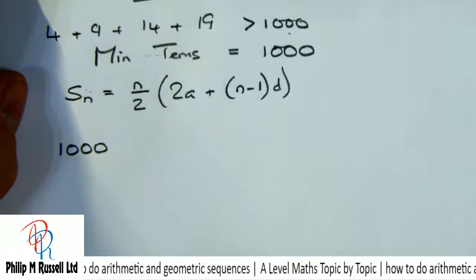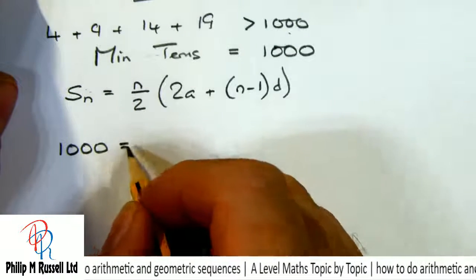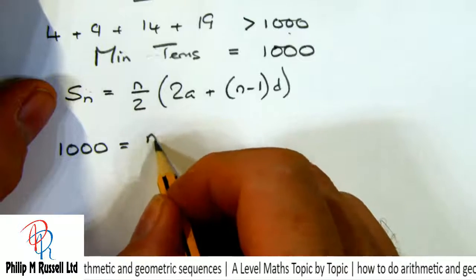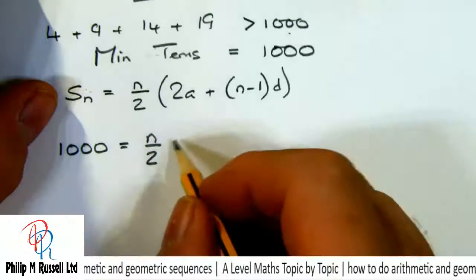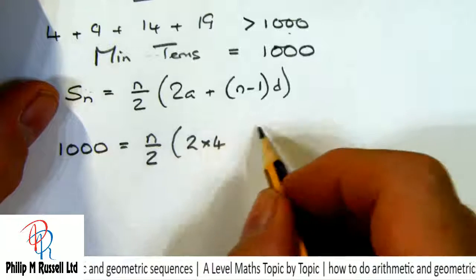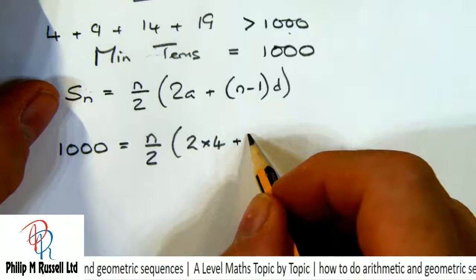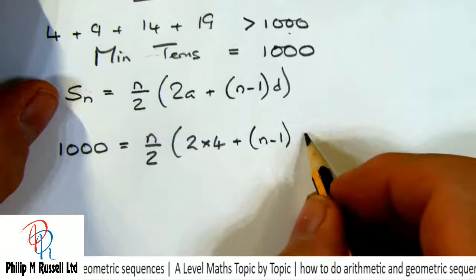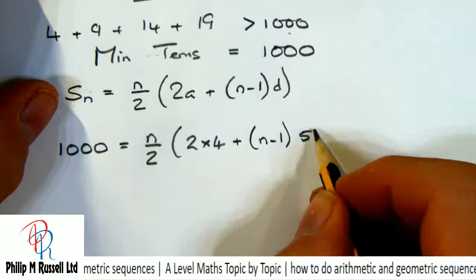It's going to be 1,000 equals, we don't know what n is because that's what we're trying to find, and this is going to be 2 times 4 plus, n minus 1 times the common difference.